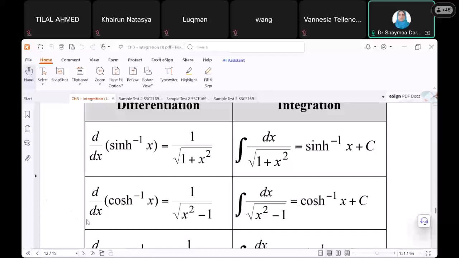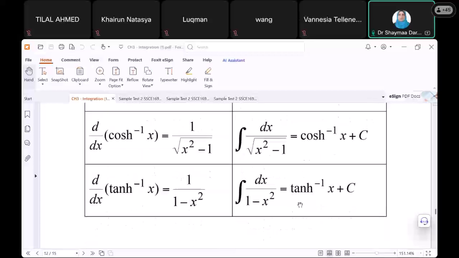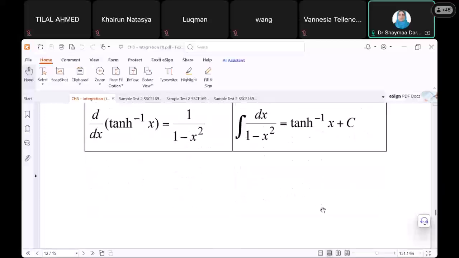This means that the derivative of cos inverse x is this value, so the integration of this value equals cos inverse x. The integration of 1 over 1 minus x squared is tangent inverse x.